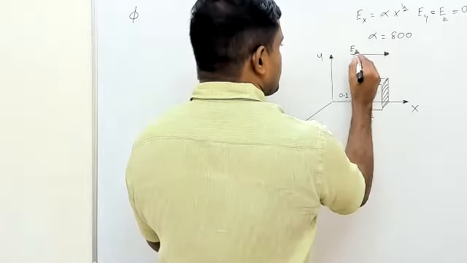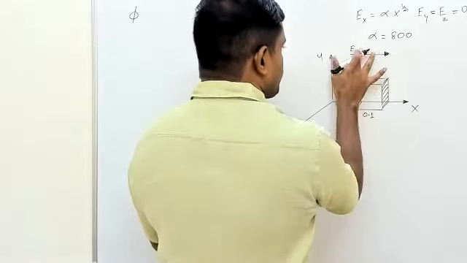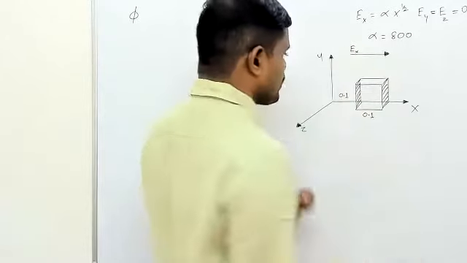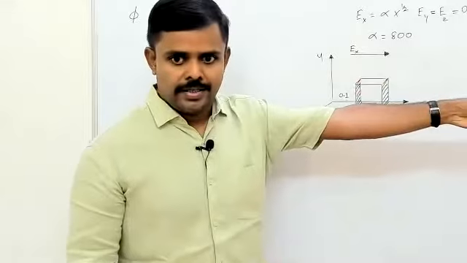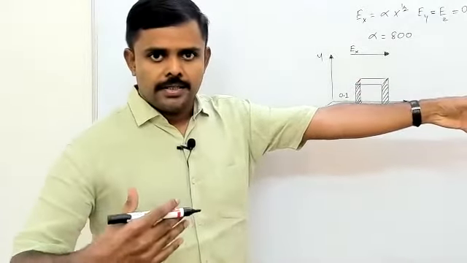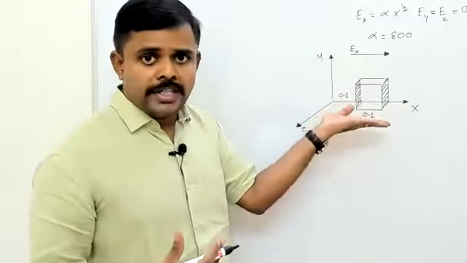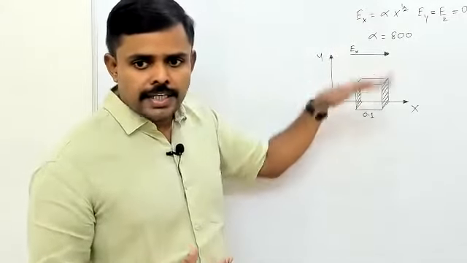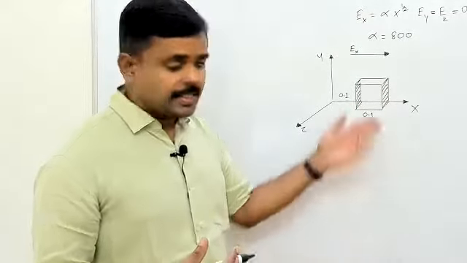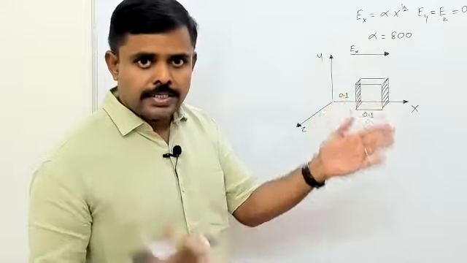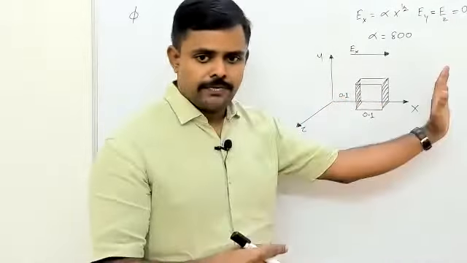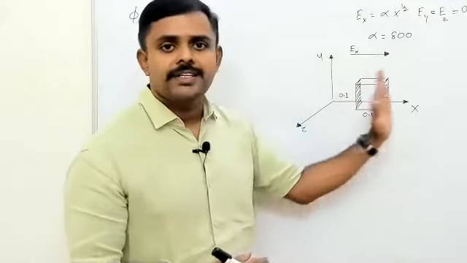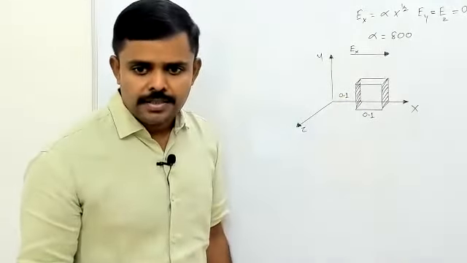Electric field is my river, and the river is flowing in the x direction only. Is there flow in the upward direction? No. Is there flow in the downward direction? No. Is there flow towards us? No. Is there a flow into the board? No. The flow is from left to right, which means only the left surface and right surface are involved in the process. Am I correct?